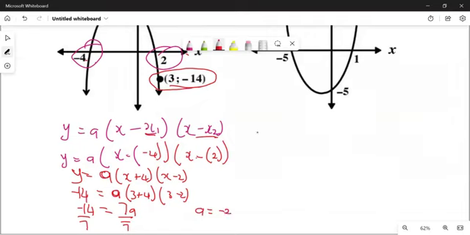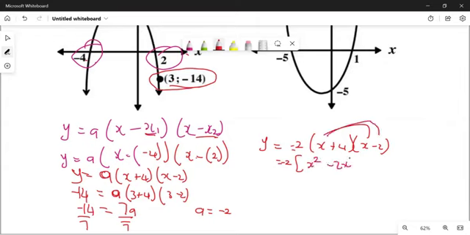This equation can be written as y equals -2, instead of a, which is -2, times x plus 4, times x minus 2. Now I can foil, but when you foil, you don't start with the -2. You simply put the -2 outside and foil this one. x times x gives us x squared.